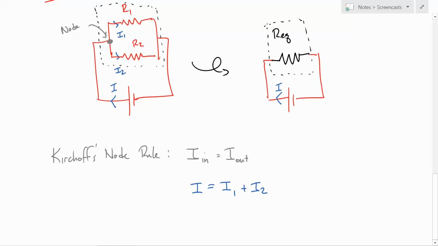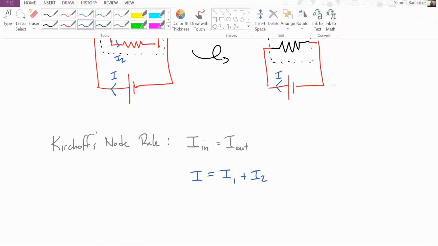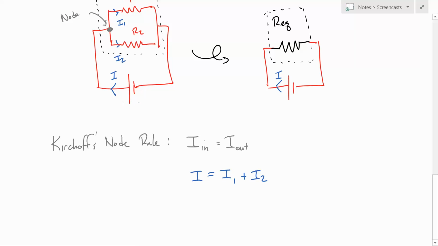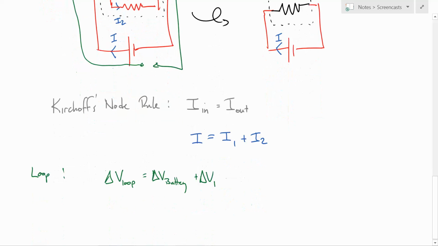Alright. So let's take a look here. Because they're in parallel, I know from the loop rule, I can go like this. I can take a loop that goes through the outside. And this loop rule would say that delta V for my loop is the battery plus the resistor, and that's all that I go through in that loop.